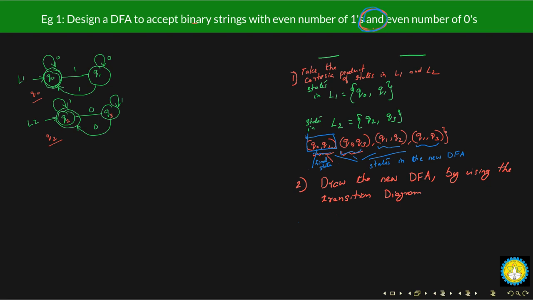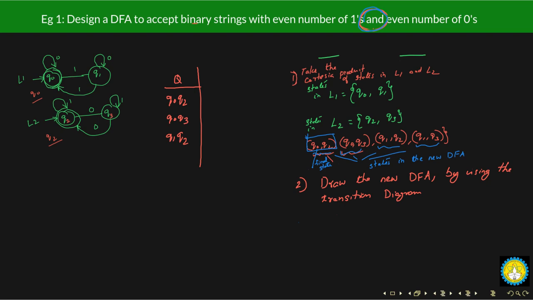The transition diagram will contain the set of states. In the new DFA I will be having Q0, Q2. That's my state. I have Q0, Q3. I have Q1, Q2. I have Q1, Q3.